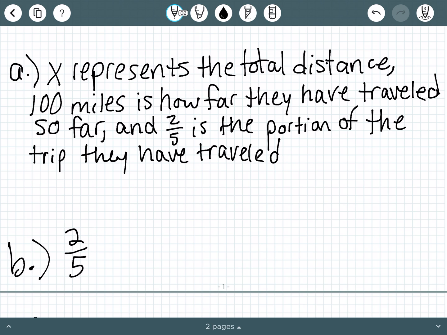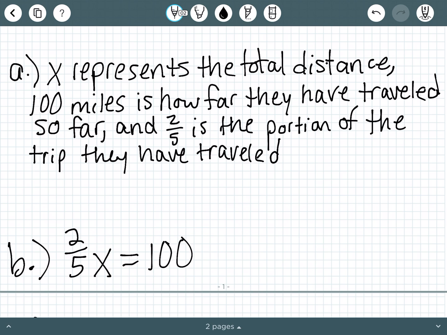So we would have 2/5. All right, they're telling us let X represent the total distance in miles, so we'll put that in after our scale factor. And we know that 2/5 X equals 100 or 100 miles.